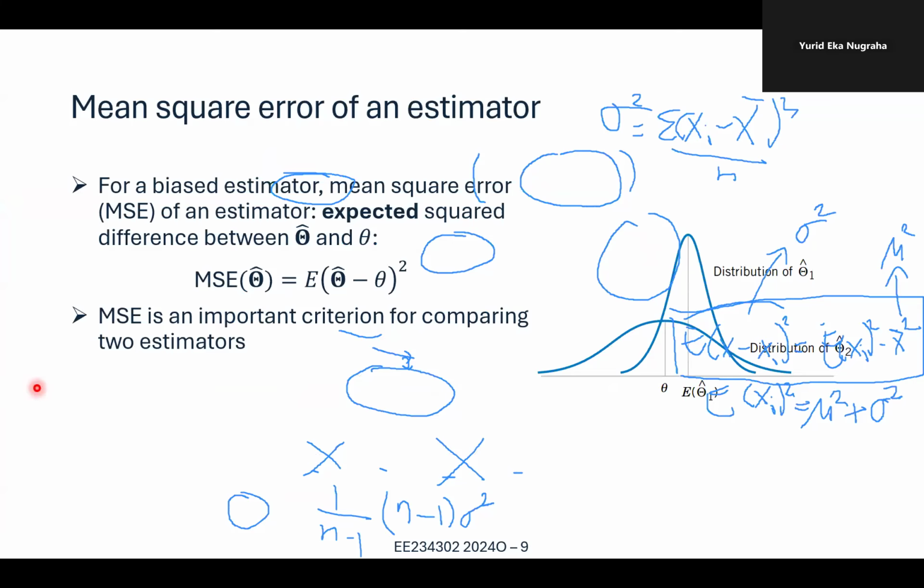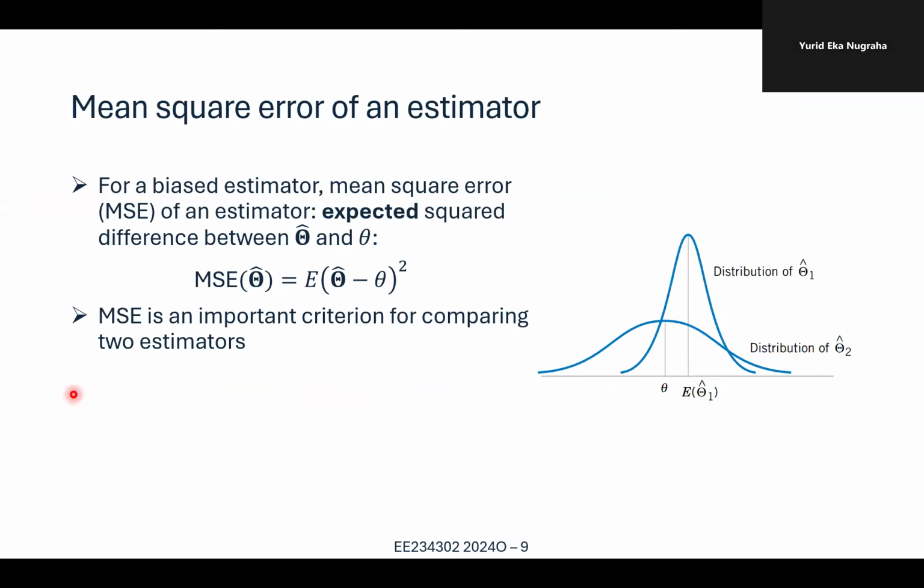We are going to talk a little bit about the mean square error of an estimator. For a biased estimator, the mean square error, or MSE, is the expected square difference between theta hat and theta. So this is the error. If the estimator is biased, it has an error.